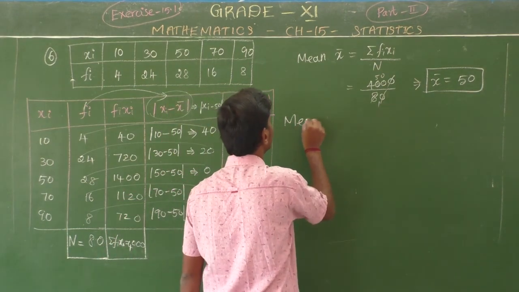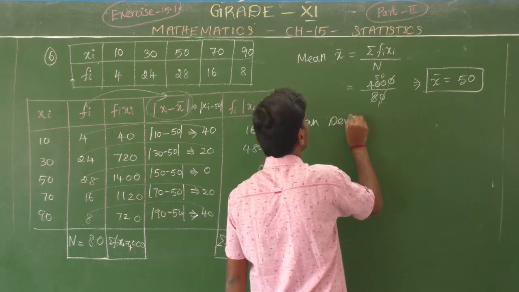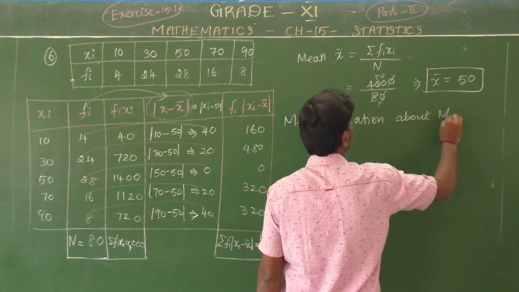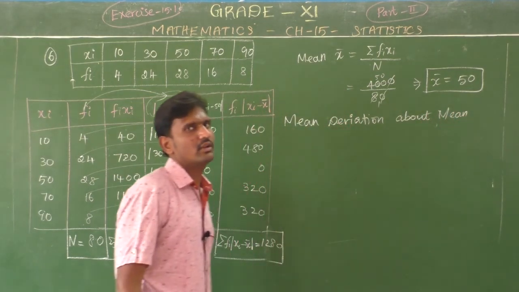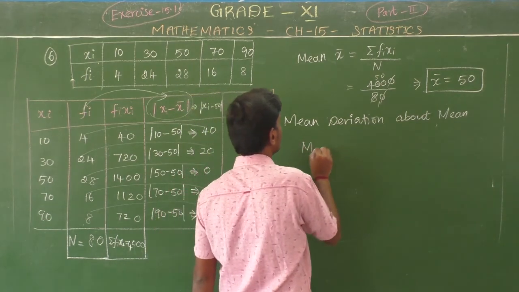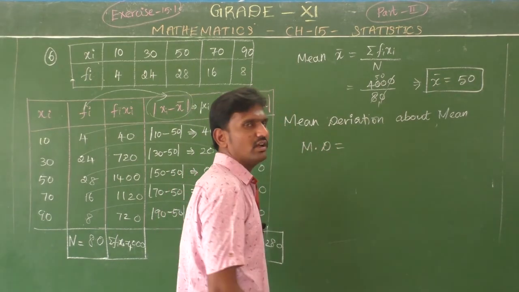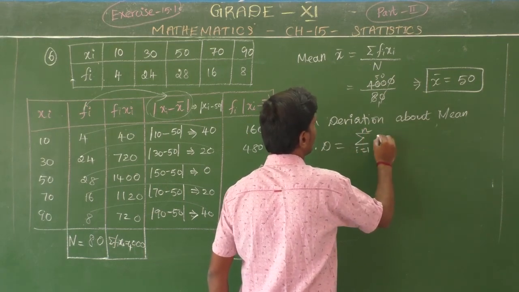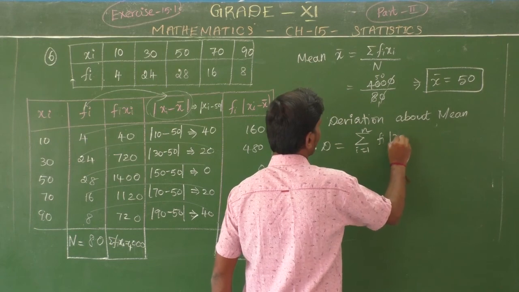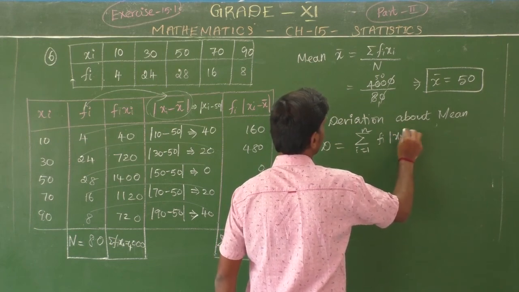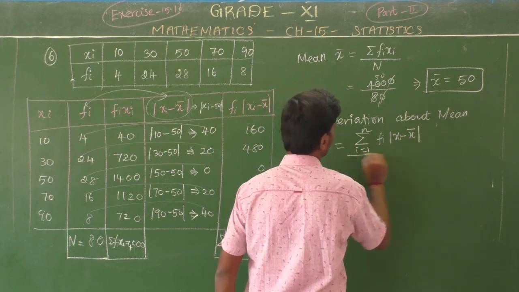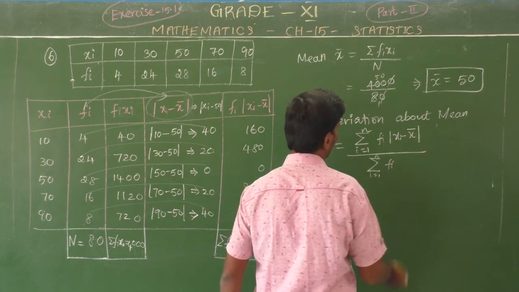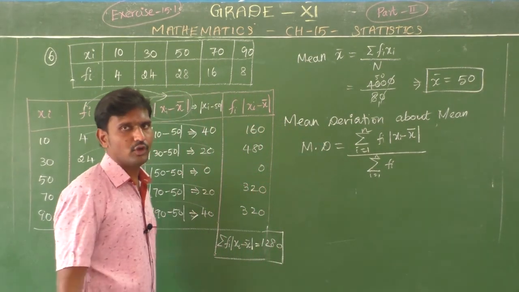So the mean deviation about the mean, that is MD, is equal to, do you have the formula? It's very simple: summation i equal to 1 to n fi into modulus of xi minus x bar, the whole divided by summation i equal to 1 to n fi, or n.